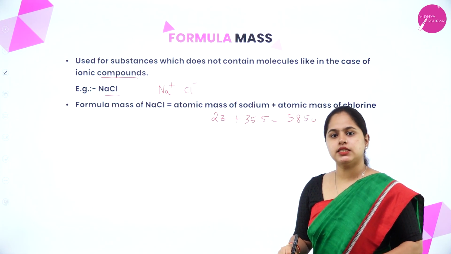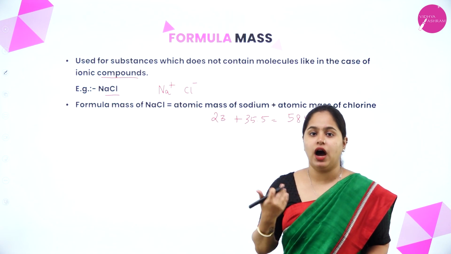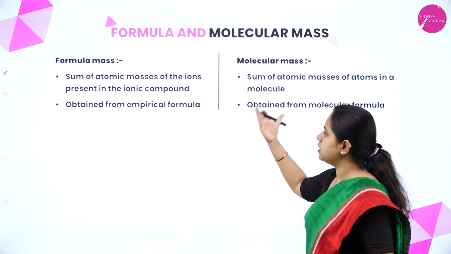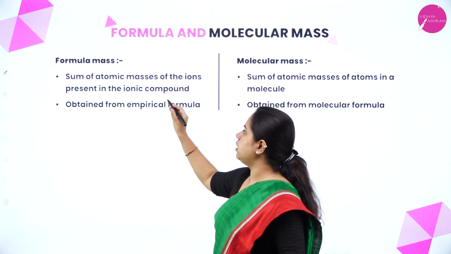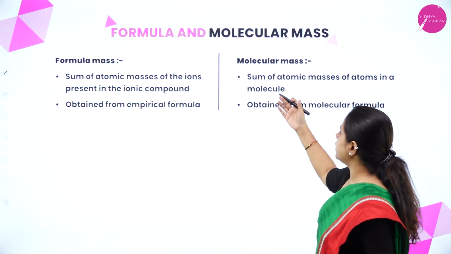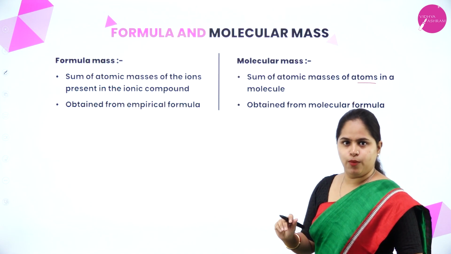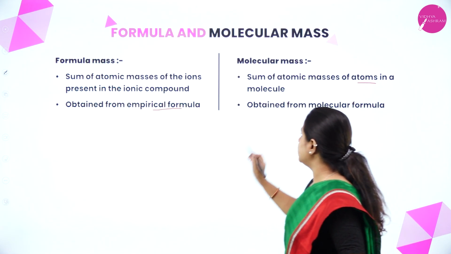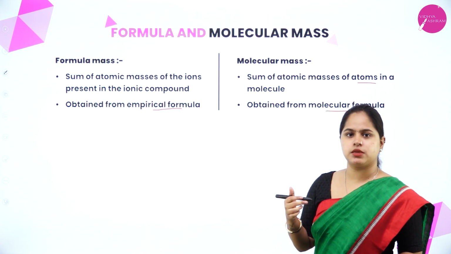So what is the difference? Formula mass is the sum of atomic masses of the ions present in the ionic compound, and molecular mass is the sum of atomic masses of atoms in a molecule. Clear? Formula mass is obtained from the empirical formula and molecular mass from the molecular formula.